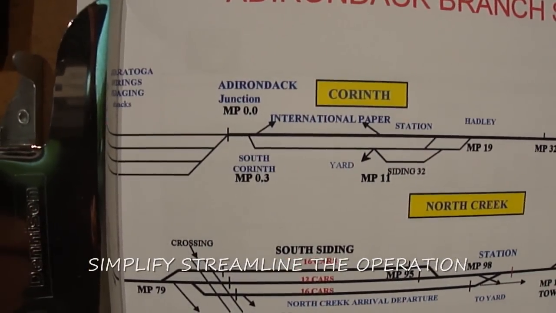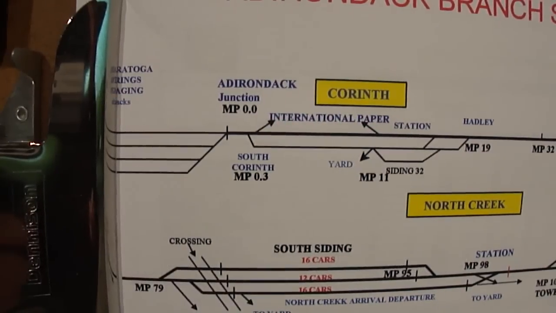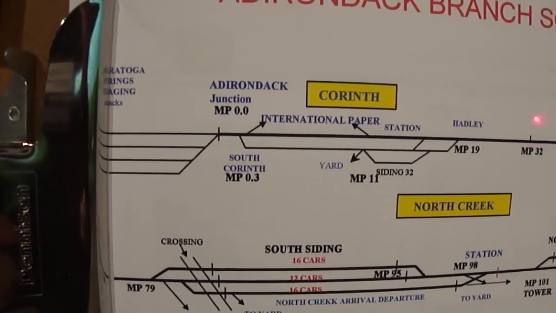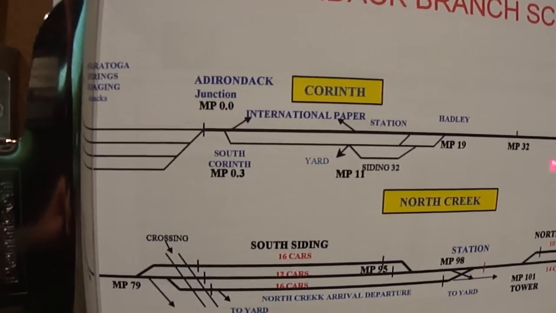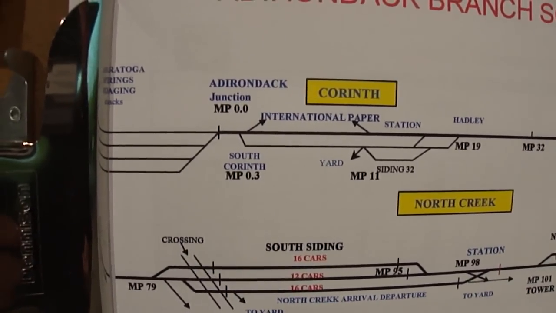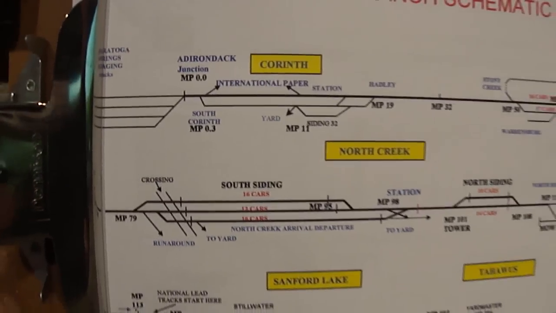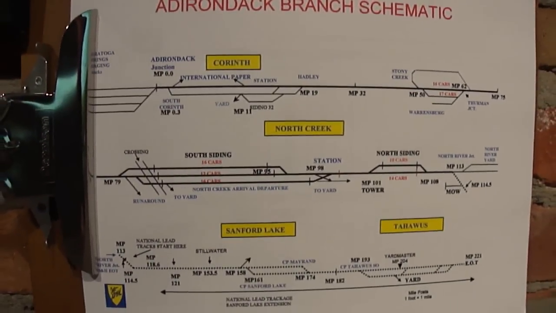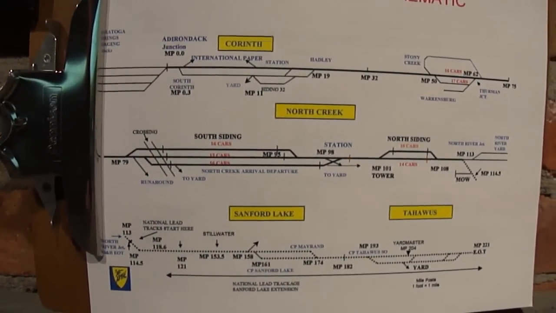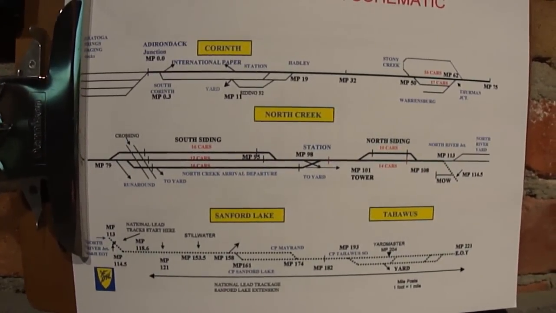So by doing a schematic like this and unwinding your railroad, you might find some surplus turnouts and so on that would not be necessary for your operation, and would just confuse the operators as far as the flow of traffic. So this way you've got a neat, clean flow of traffic.